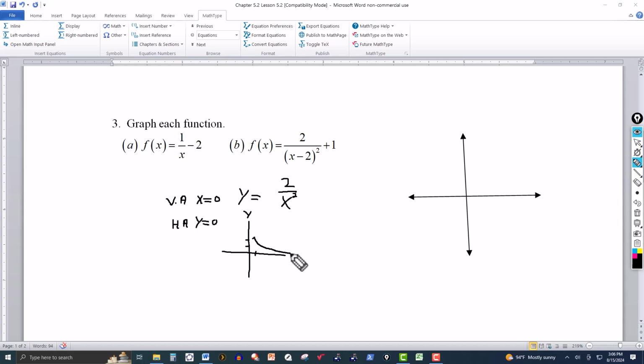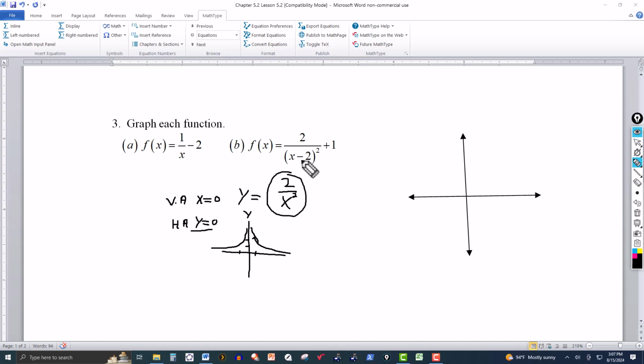It's approaching the x-axis. That's why we have a horizontal asymptote there, y equals 0. On the other side, you pick negative numbers, -1 squared, again, it's going to be 2. And then as the x gets larger, because you're squaring it, it's going to approach the x-axis from like this. So it's going to go up like this and like that. So that's what the graph of y equal 2 over x squared looks like.